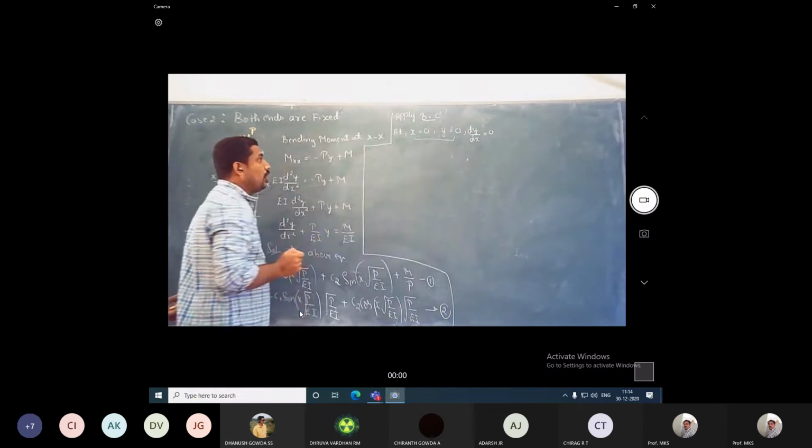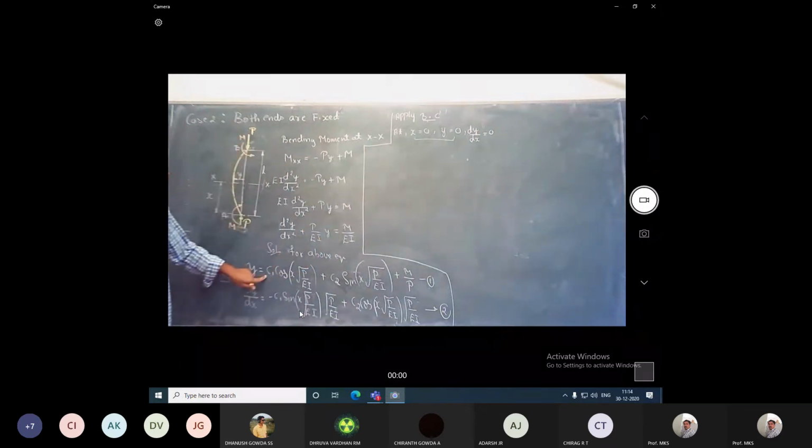So at x is equal to 0 and y is equal to 0, take equation 1.